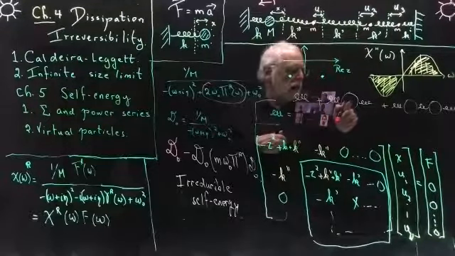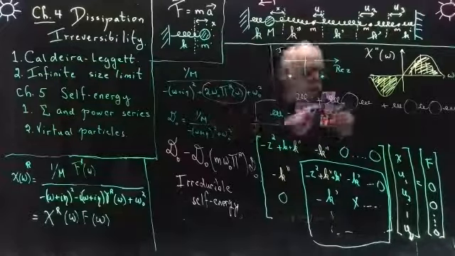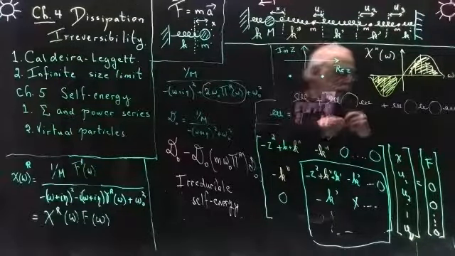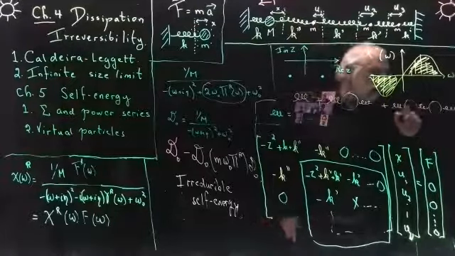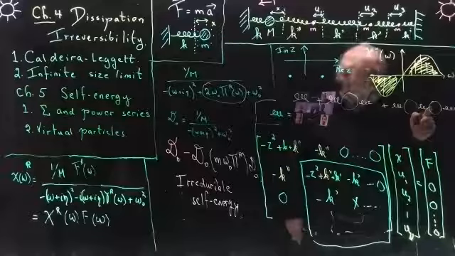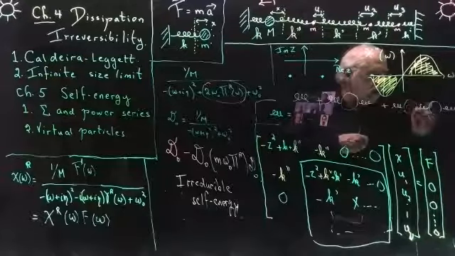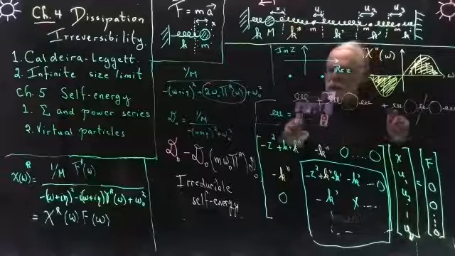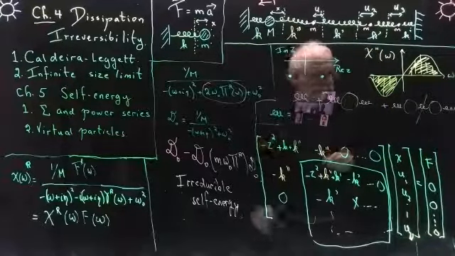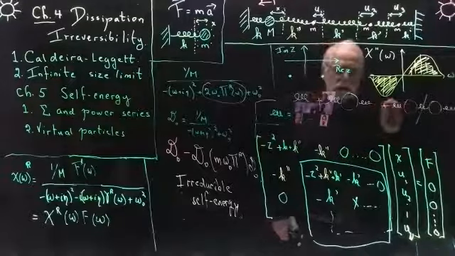And this object that I put here in the denominator is called the irreducible self-energy, because if I look at higher order, if I call these self-energies as well, then you see I can cut this in two by cutting one of these propagator lines. So this guy is called irreducible because of that.